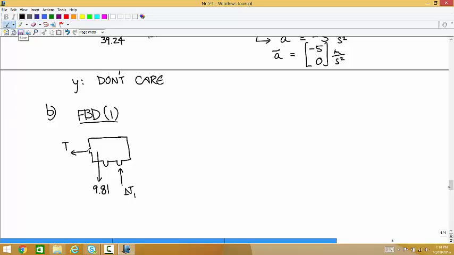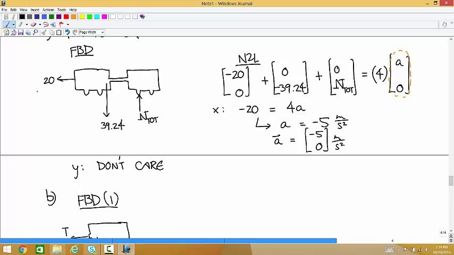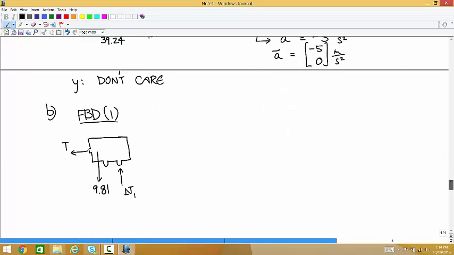So what about that 20 Newton force? Why isn't that in there? Did I just forget? It's possible. Yeah, because that's touching the boundary of the 3 kilogram one, so it doesn't appear on this one. If we isolated the 3 kilogram one, it would appear.